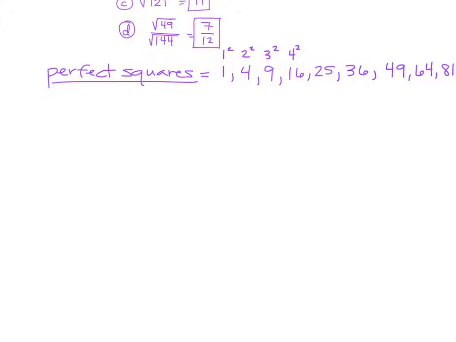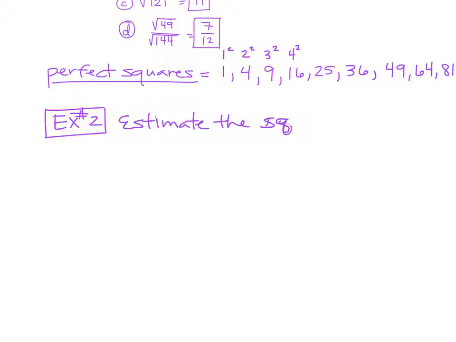Okay, then what we're going to do is we're going to try to estimate some of these. So we're going to estimate the square root. All right, so for this first one, I'm going to say the square root of 34.